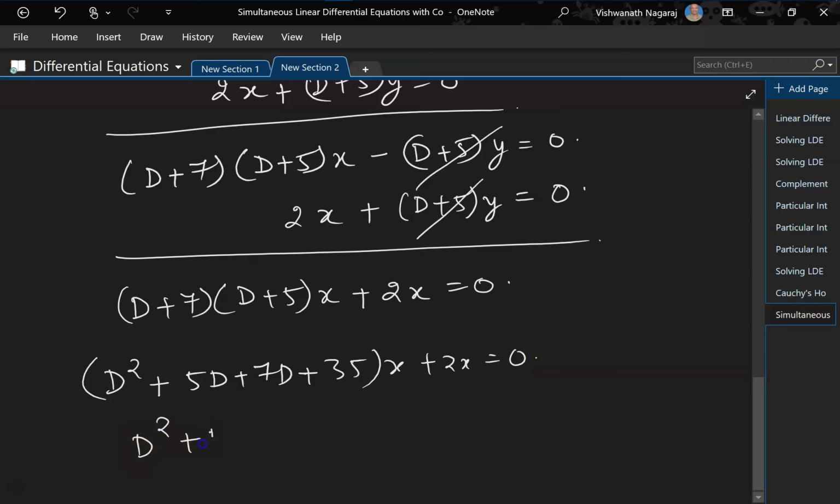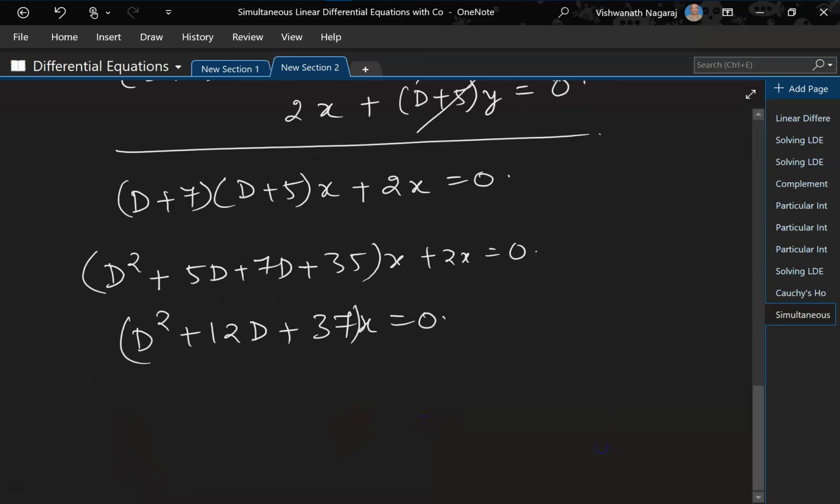(D square plus 12D plus 35 plus 2)x, that is 37x, equal to 0. This is within brackets. Now this is a form which we are familiar with, right? So we know how to solve this.